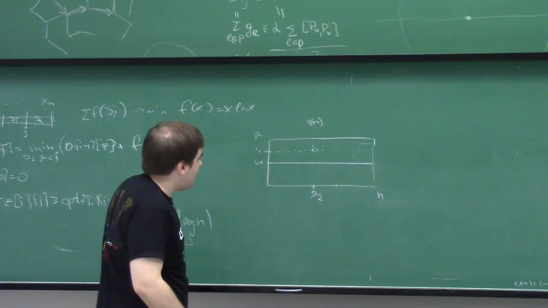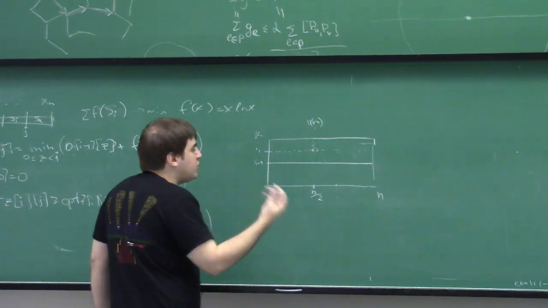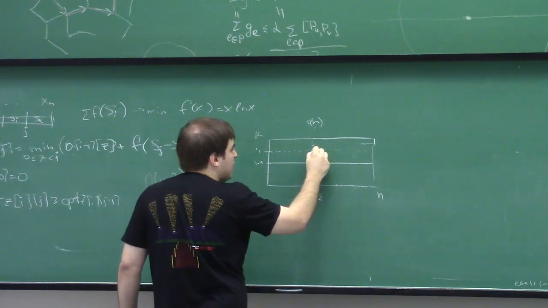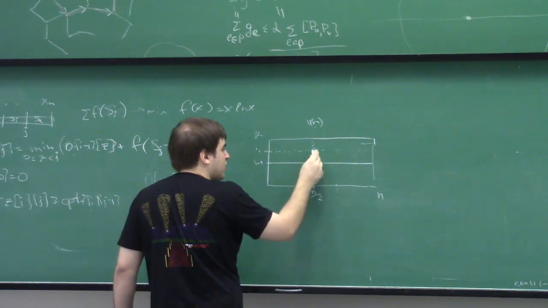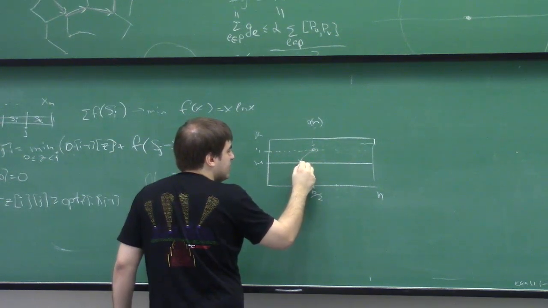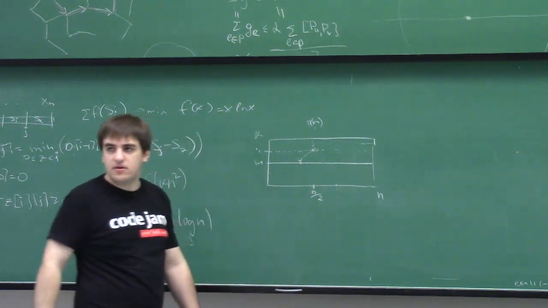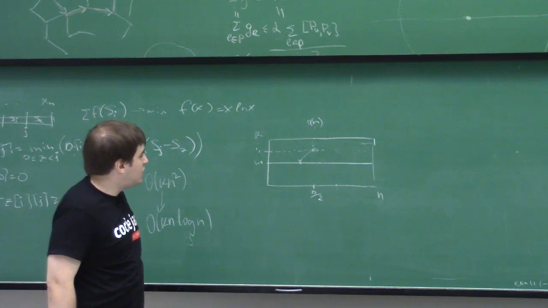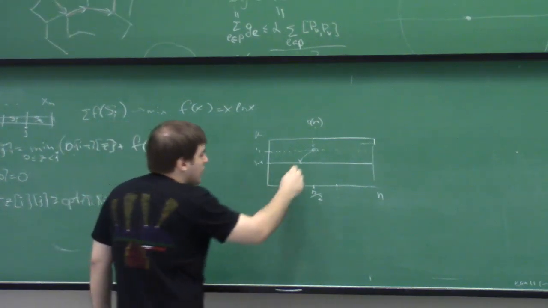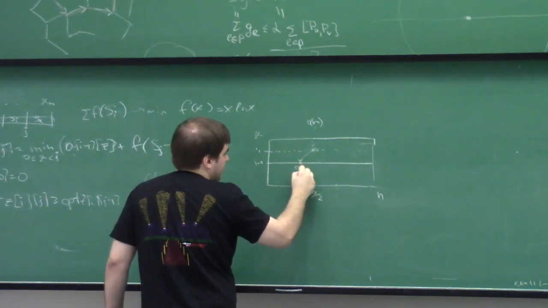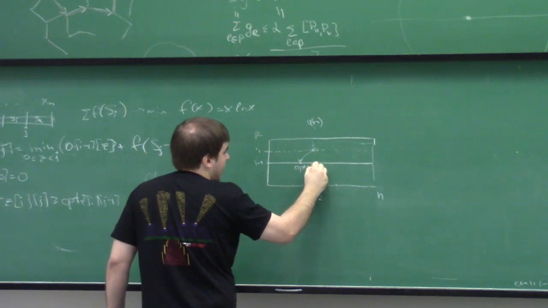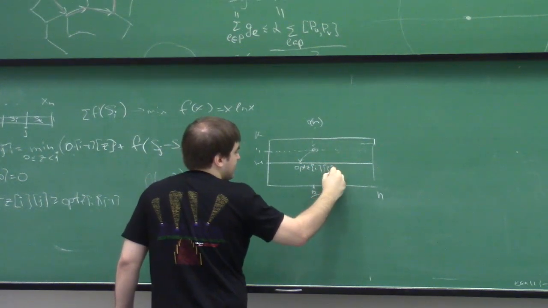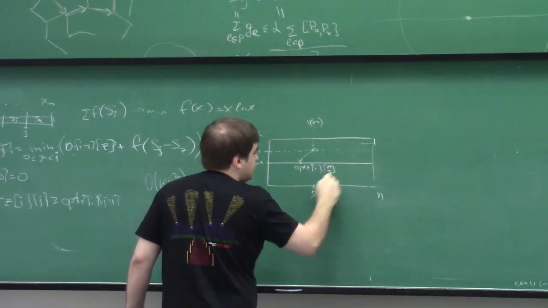Okay. What do we know now? Now we know that for this value, the optimal pointer is somewhere here. What does that mean? We know the opt z of i and n divided by 2.